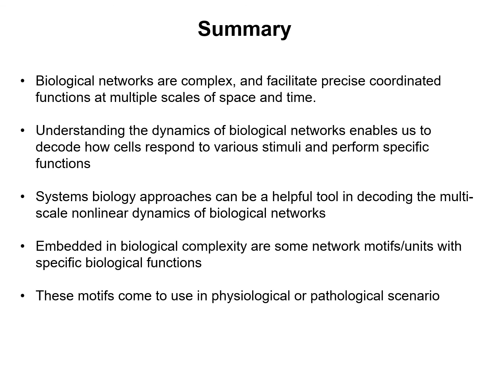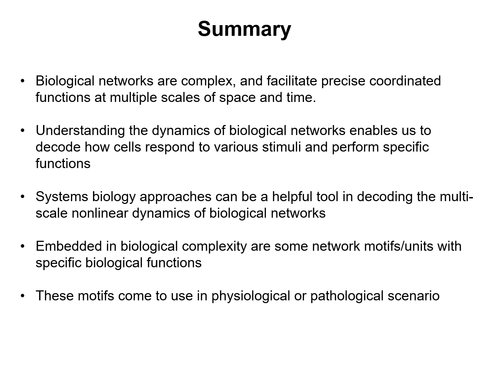Now, biological networks are complex, but embedded in that complexity are some network structures, similar to what we talked about, the feedback loops, which have a specific function. Once we begin to identify those feedback loops and characterize them using experiments as well as mathematical biology, we can get a much better appreciation of why biological systems are designed the way they are.